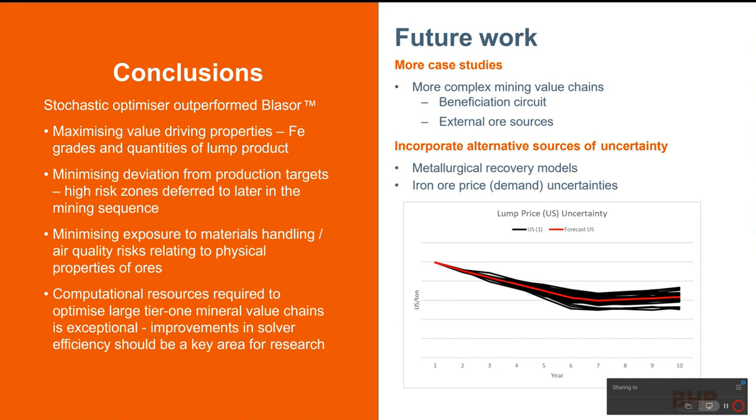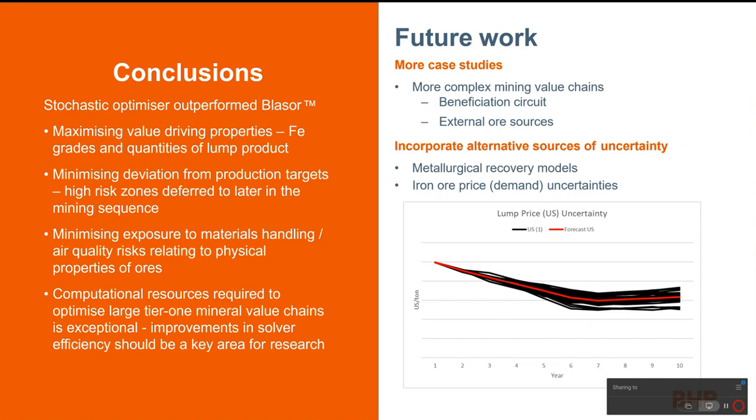But what we did find was the computational resources required to optimise such a large mining sequence was very, very high, and that any improvements in solver efficiency would be a key area for further research.